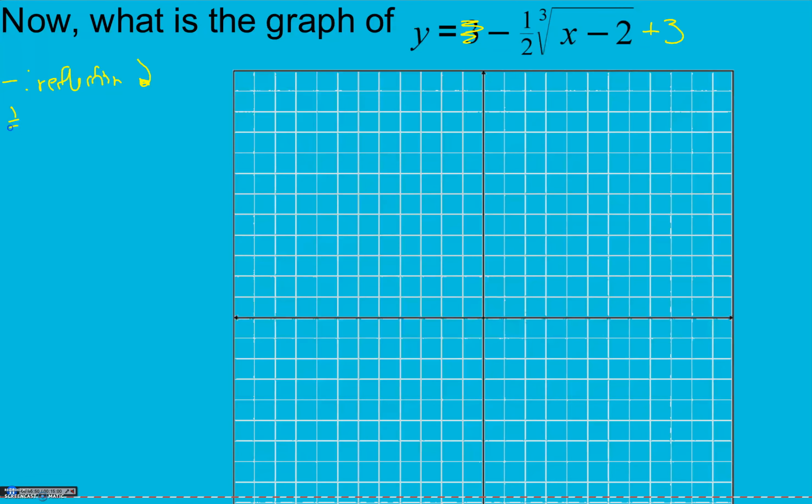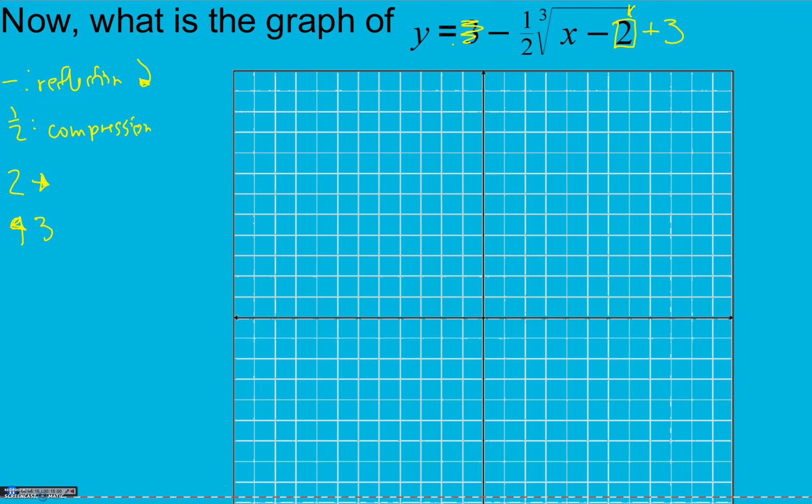My half is a compression by a factor of a half. My 2, since it's x minus 2, is inside, so I'm going to go right 2. And my 3 means I'm going to go up 3. Again, it's a positive 3 in the front, and we can put that wherever.